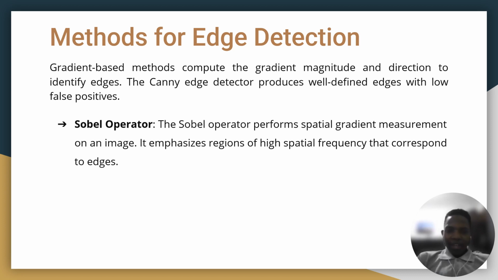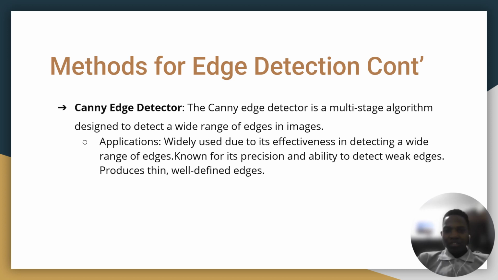And then we can go ahead and look at our very next method, which is the Canny edge detector. The Canny edge detector is a multi-stage algorithm designed to detect a wide range of edges in images. Its application is that it's widely used due to its effectiveness in detecting a wide range of edges, right?